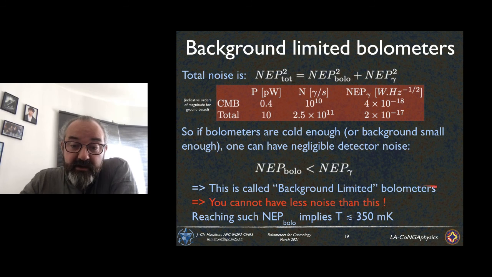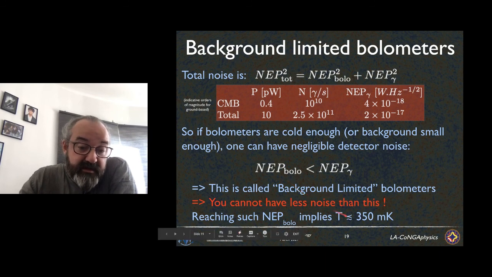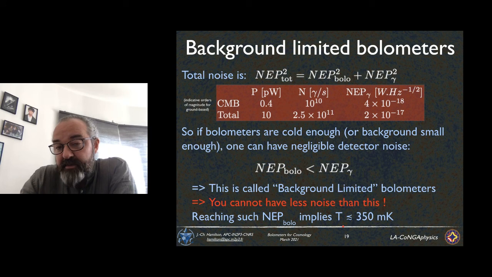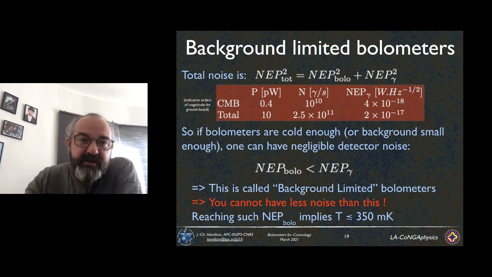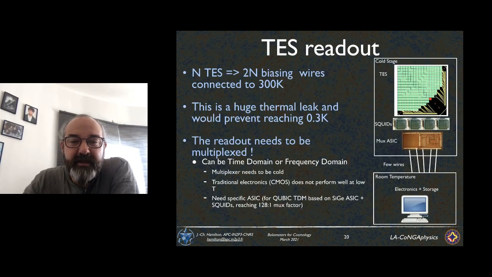This is called background limited bolometers, and the amazing thing here is that you cannot have a measurement that is less noisy than this, okay? Because your detector noise is negligible. In order to achieve such small noise equivalent power for the bolometer, you need to cool them down below 350 millikelvin typically.